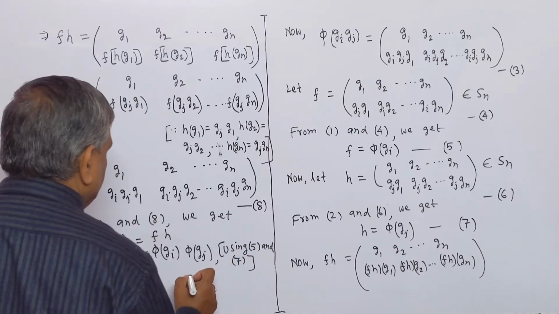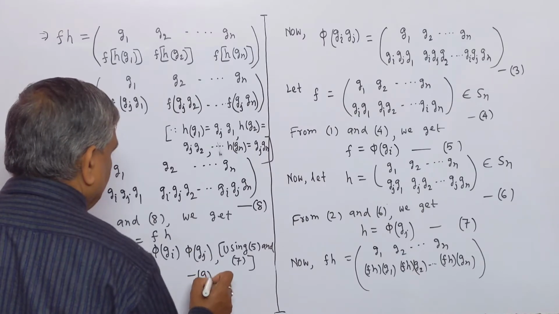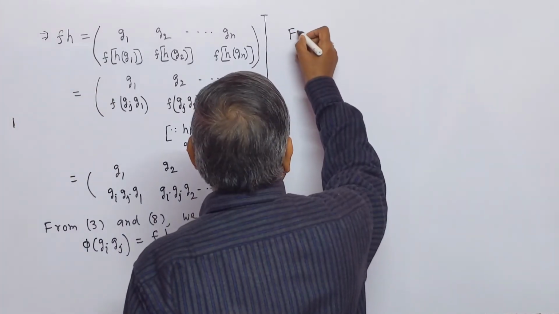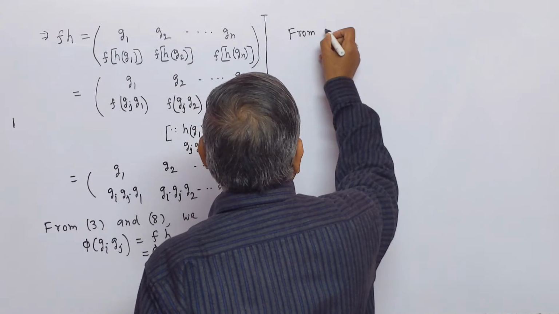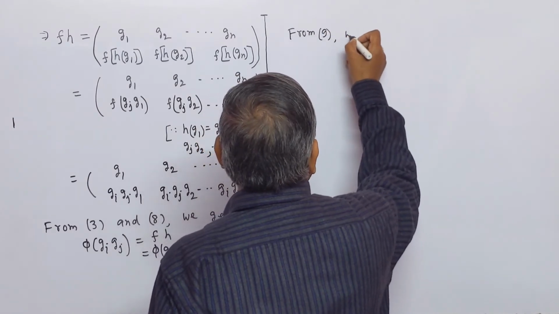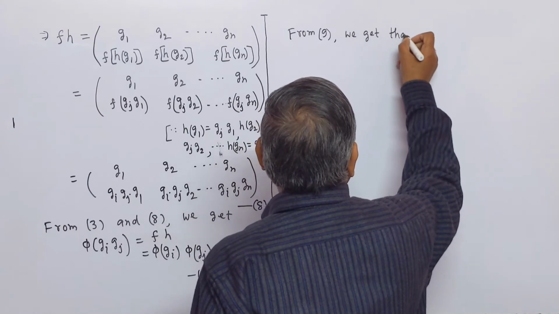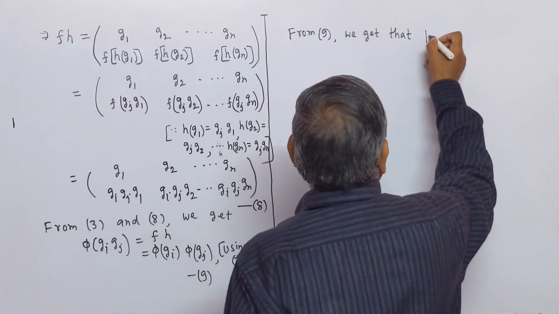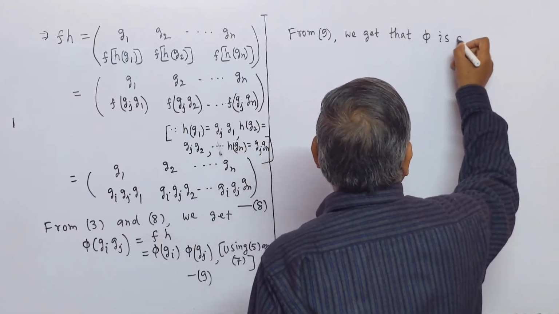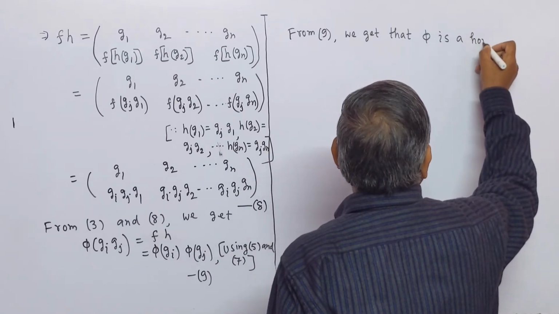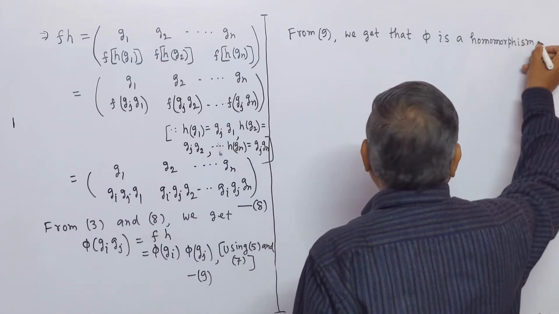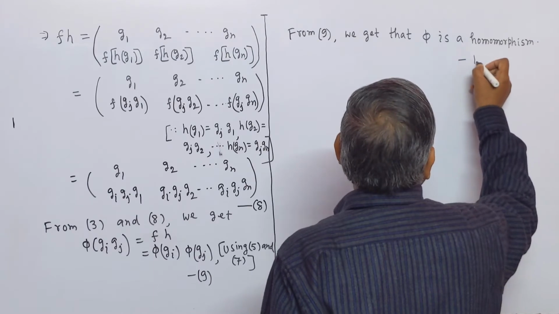This is number 9. From 9 we get that phi is a homomorphism. This is number 10.